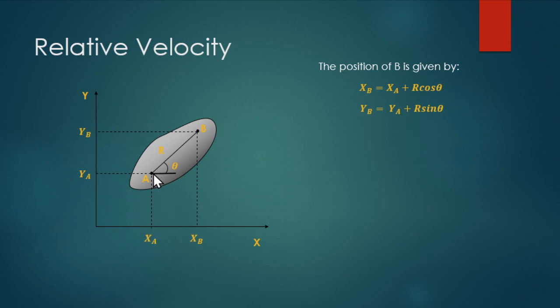So Y sub A plus this distance, which is R sine theta. Okay.